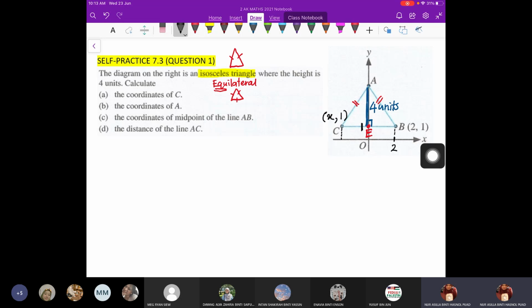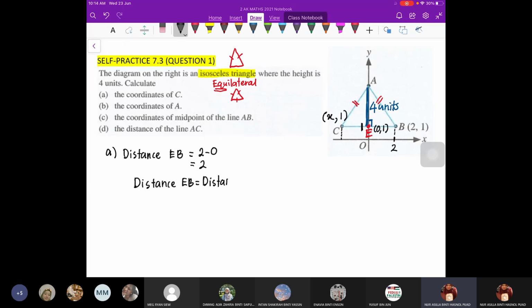Understand? Okay, jadi your calculation should be distance, in this case EB, okay, is, kita tengok E adalah 0, 1. Jadi kita ambil X value 2 minus 0. So 2. So kita boleh cakap distance EB is equals to distance EC.